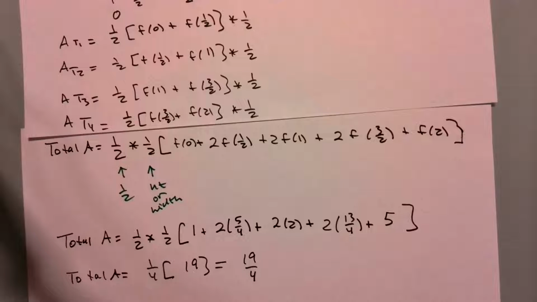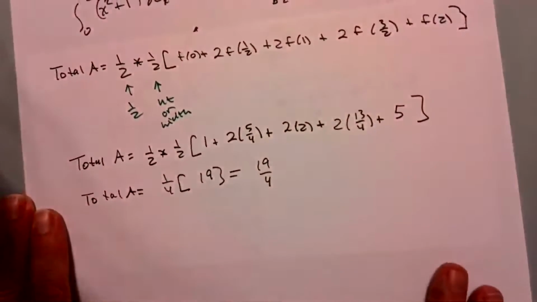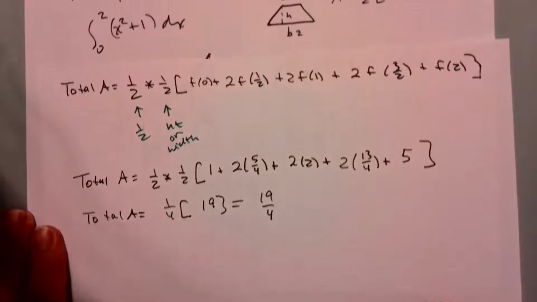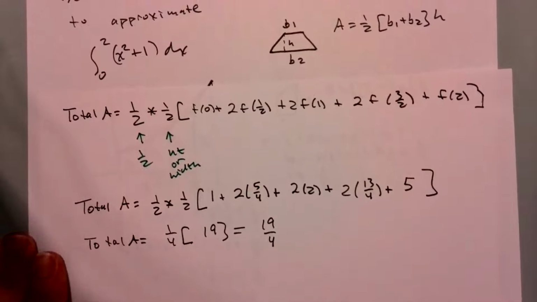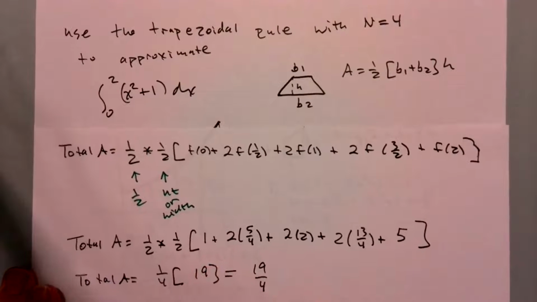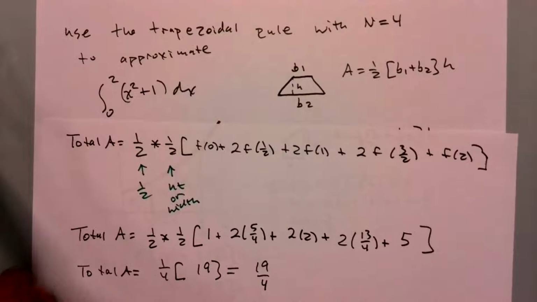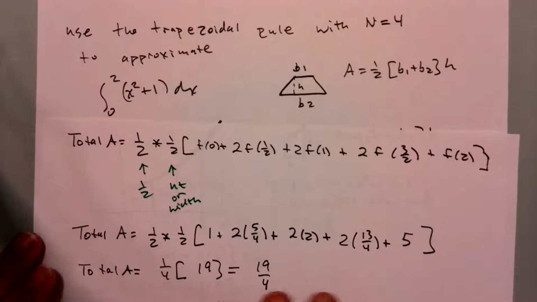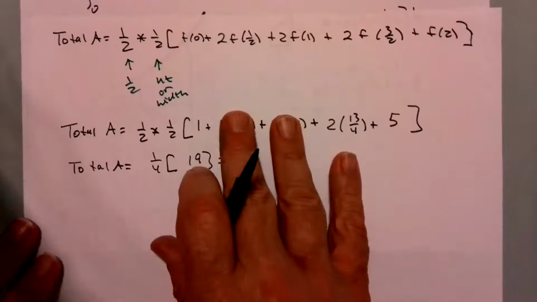So is 19/4 close to my answer? If we go back to the original question, it was the integral from 0 to 2 of x squared plus 1. So this is what we started with. Integral from 0 to 2 of x squared plus 1. So I can do that using the fundamental theorem of calculus. How close is that to 19/4?